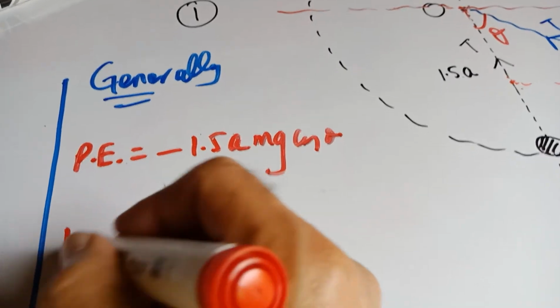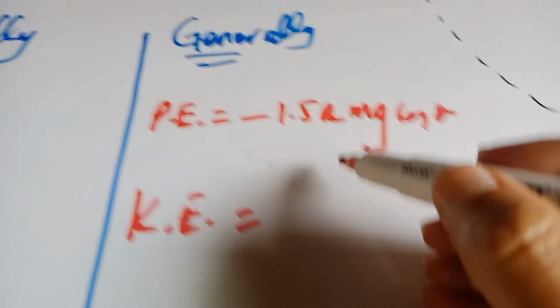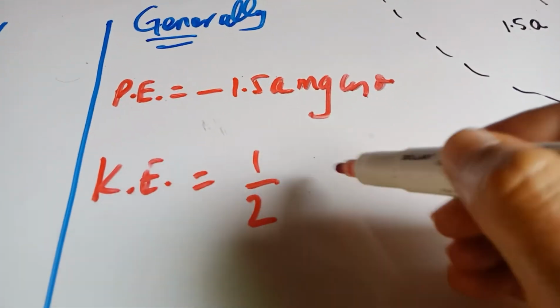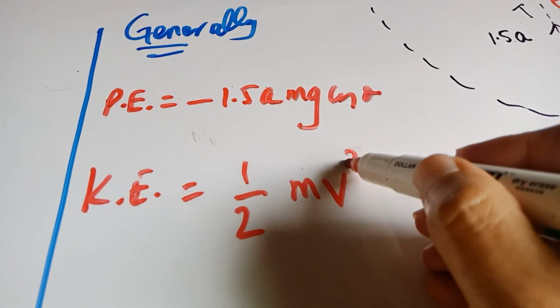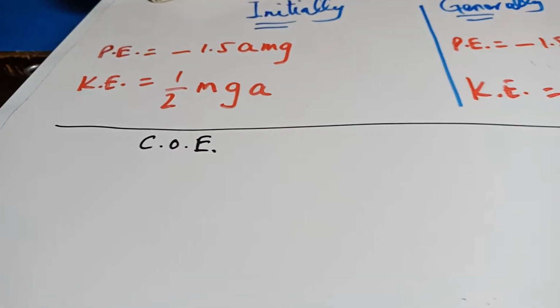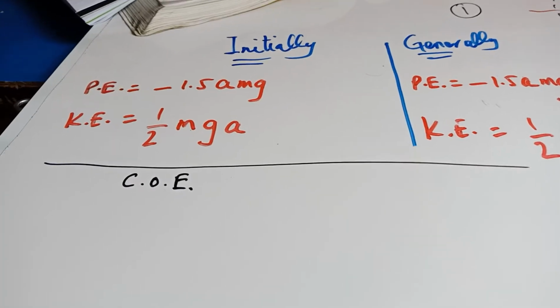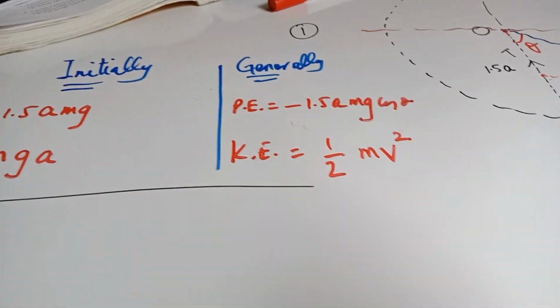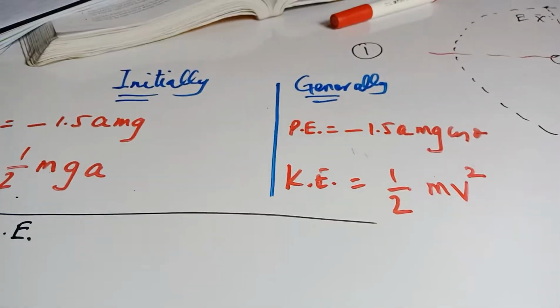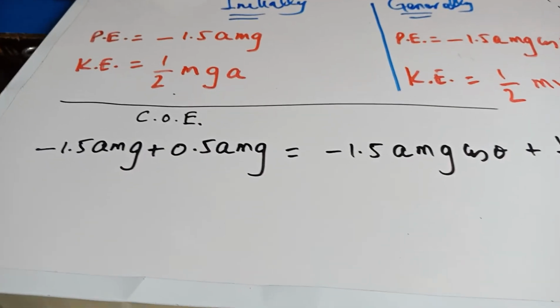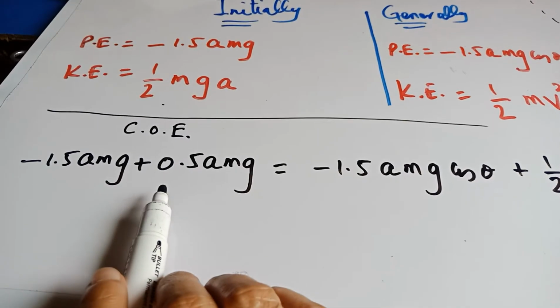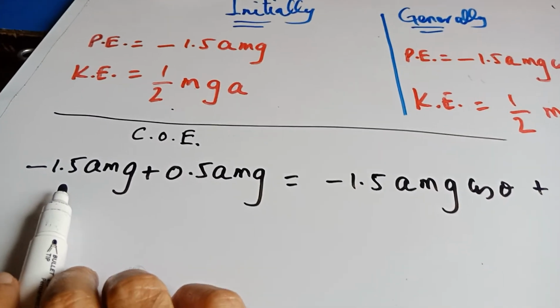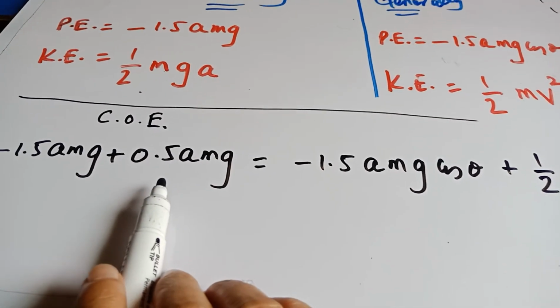And in general, the kinetic energy would be half mv squared. Now, through the law of conservation of energy, the sum of the energies initially should be equal to the sum of the energies generally. So this is the equation that we get. This is the sum of the energies initially, your potential energy and the kinetic energy.